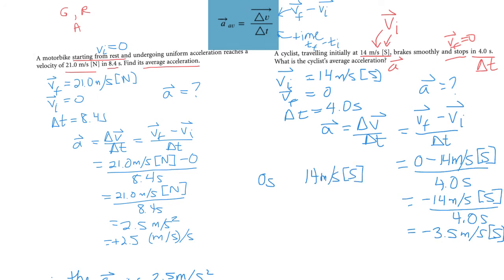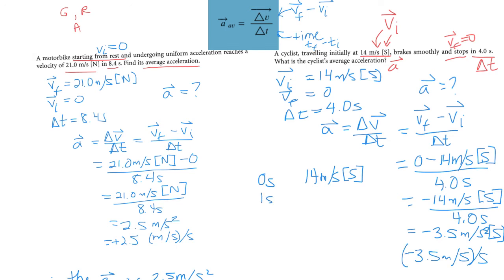And what's happening with a negative acceleration is that now this velocity is decreasing each second. Sorry, I got a little bit excited about explaining the negative. It should be meters per second squared, or negative 3.5 meters per second per second. So every second I'm going to take away 3.5 meters per second.